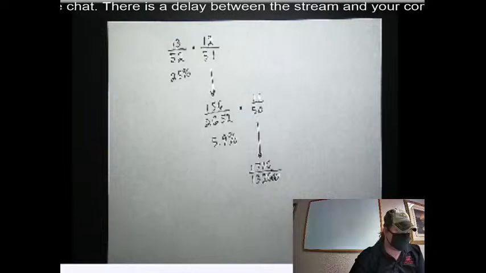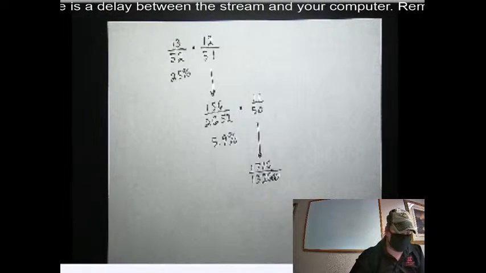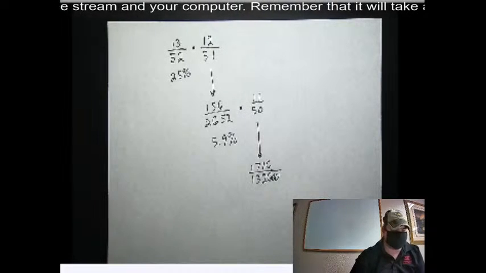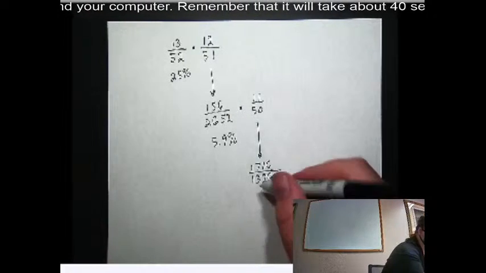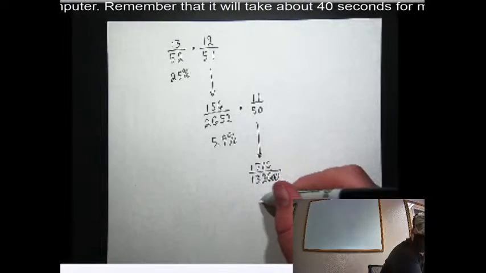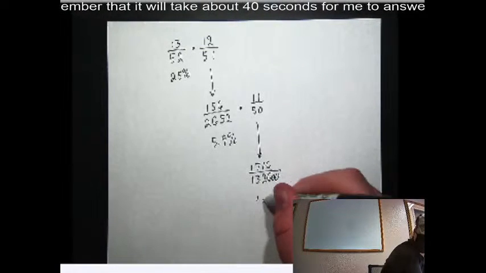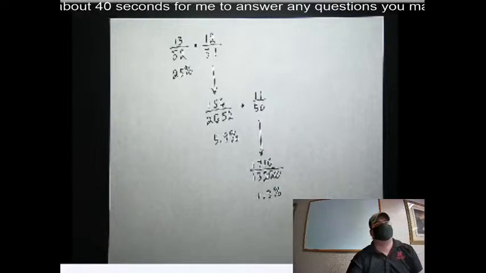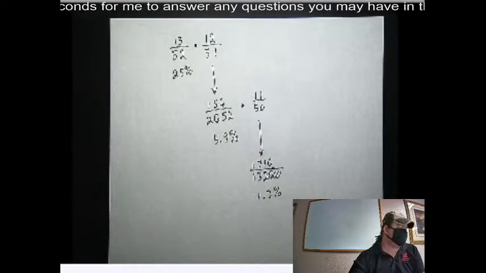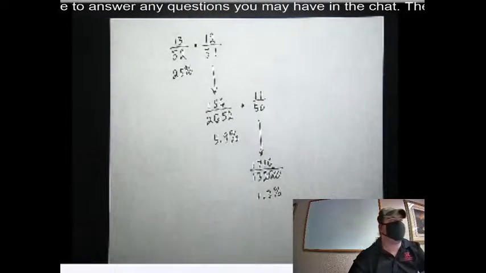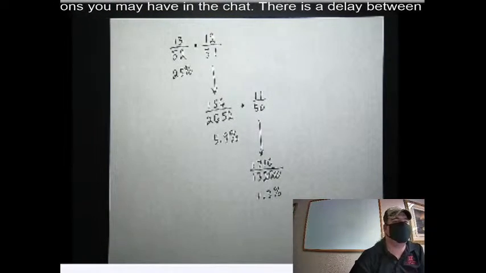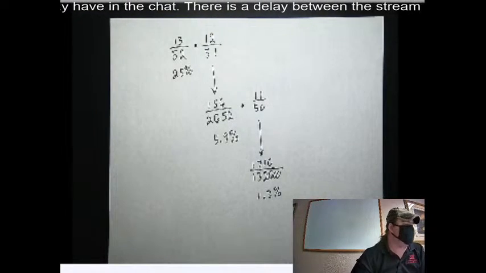Let's see, 1,716 divided by 132,600 is a tiny percent chance. That's a 1.3% chance. So as I keep pulling cards, I have a less and less likely chance to pull another club.